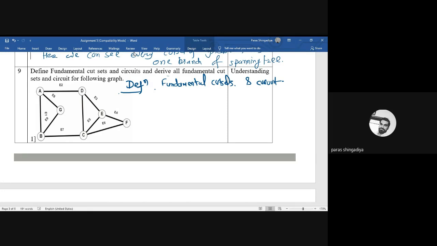Yeah, minimum number of branches that are removed from the graph. Minimum number of branches. I think that is not suitable. Rajvi, can you hear me? Rajvi?